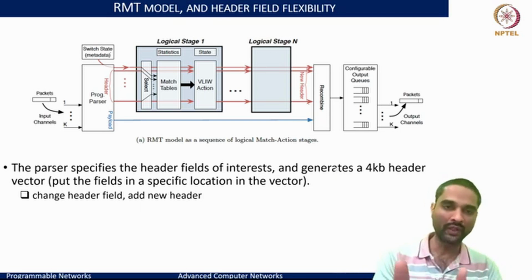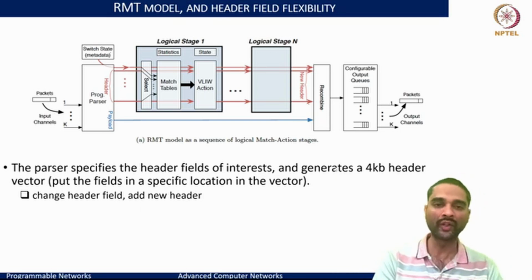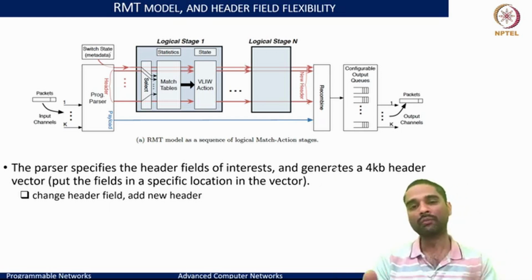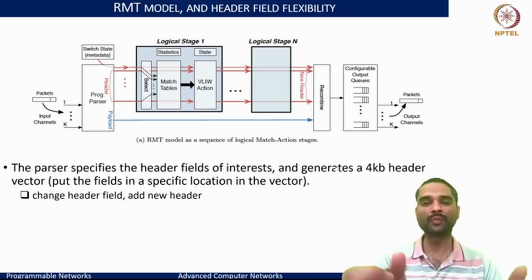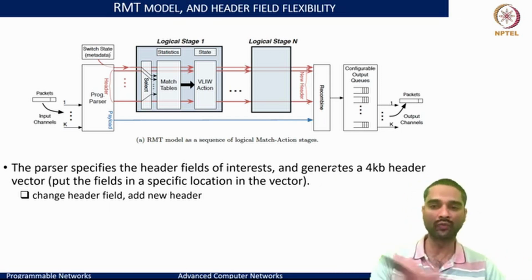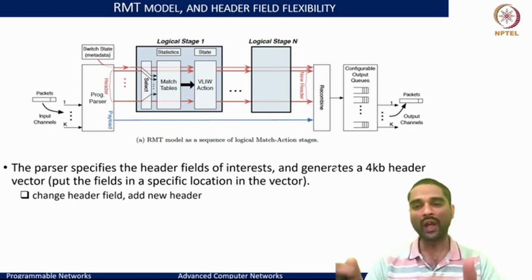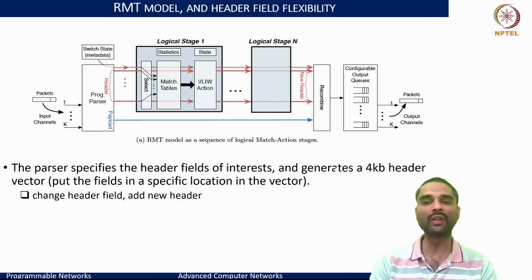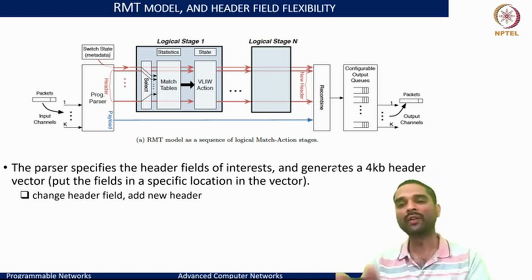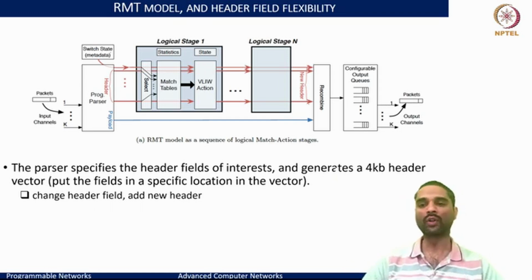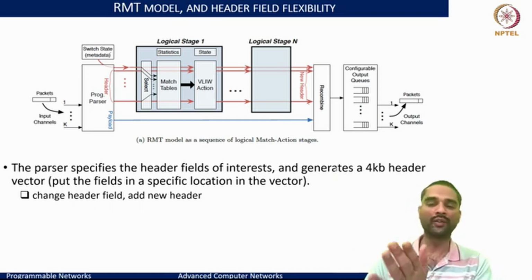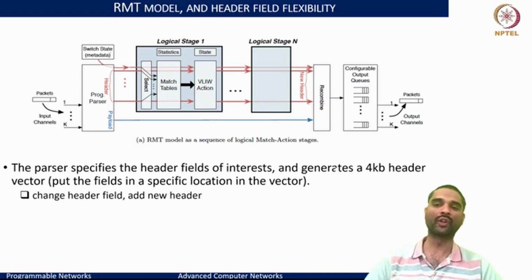Note that this header need not necessarily be the same as the header you started with, because the headers may have transformations because of the actions that you would take in each of the logical stages. But you add on the payload and recombine the packets and then set it appropriately for the outgoing configurations. And again, the output channels or the ports on which you would want to send out the packets can be set up.